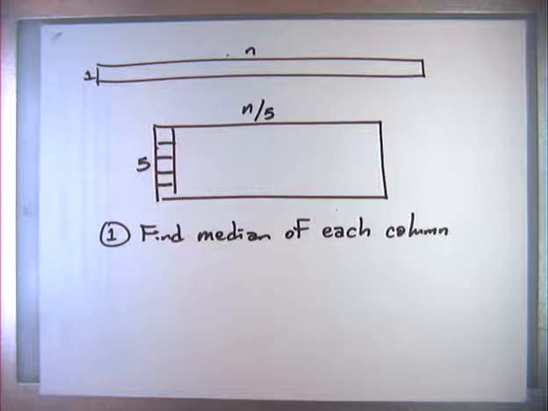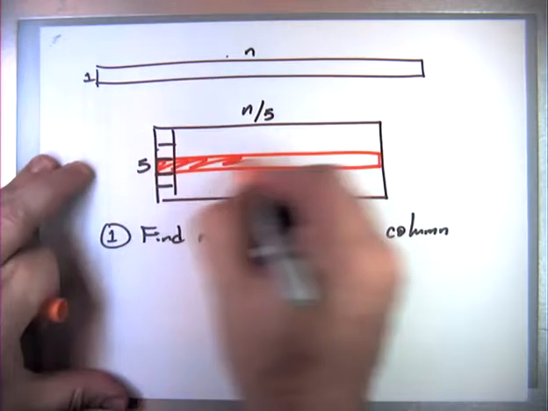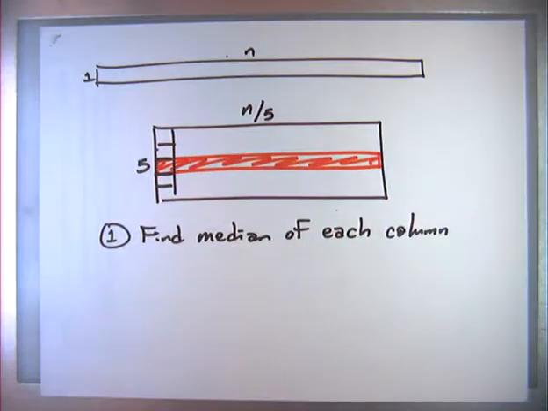Now, I'm going to imagine, because this is not actually what the algorithm does, but for purposes of developing intuition, that I reshuffle these 5 element columns to put the median in the middle row. Okay? Again, the algorithm does not actually do this, but this picture is just for intuition.